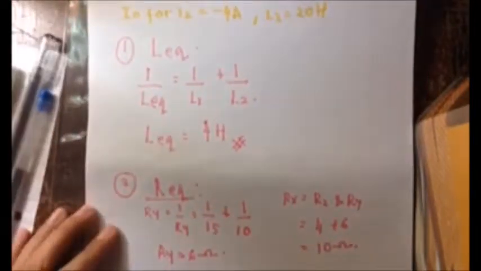Next, to find the R equivalent, we need to solve this circuit: the 15 ohm and 10 ohm are in parallel and in series with 4 ohm, and parallel to this 40 ohm. After the calculation, the R equivalent is 8 ohm.